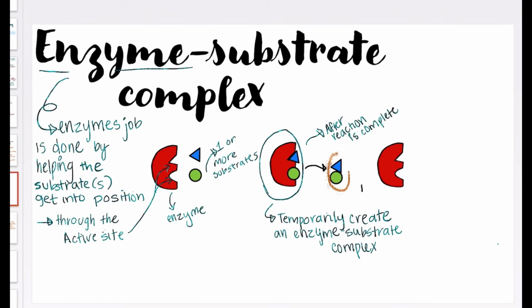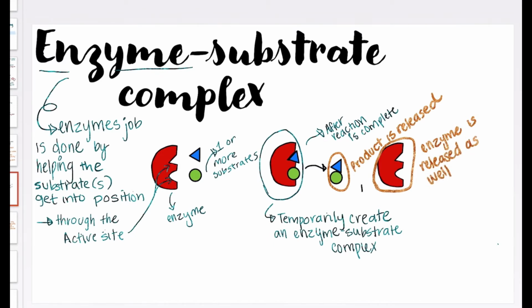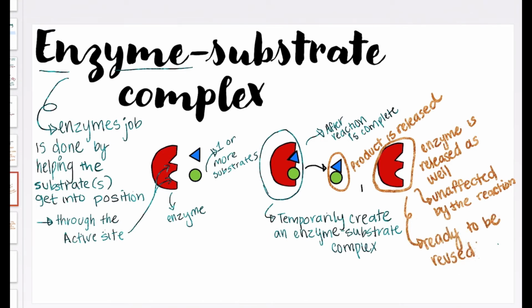Now, after the reaction is complete, your enzyme ends up releasing the product, and you're going to have your enzyme back ready to go, and it's not used up, it has not changed, it has not altered, it's ready to go in and do this process all over again because it's unaffected by the reaction. All right, so we need to know that your enzyme substrate complexes are the temporary structure created when your enzyme is holding your substrates in place.